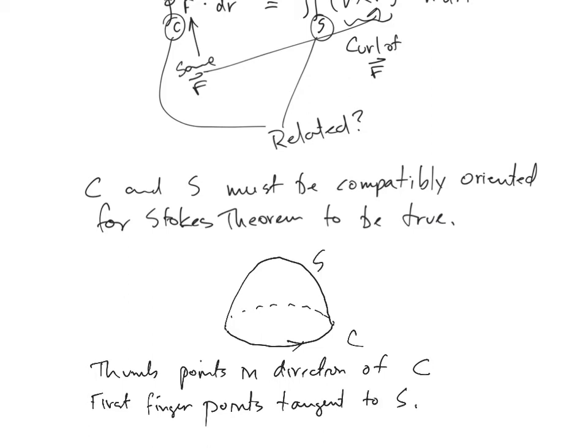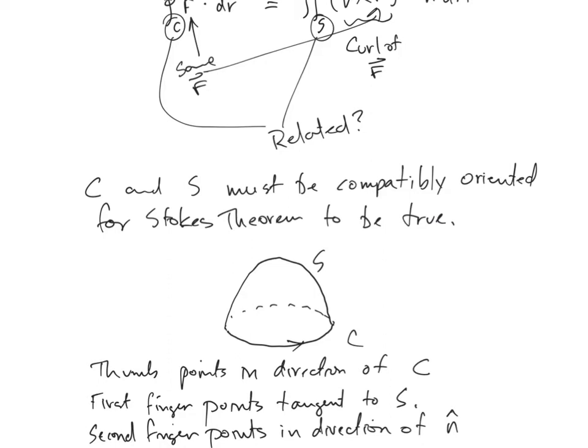First finger is going to point tangent to S. And then your second finger points in the direction of n hat. Second finger points in the direction of n hat.